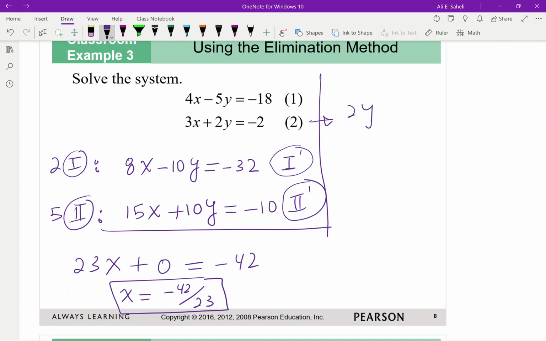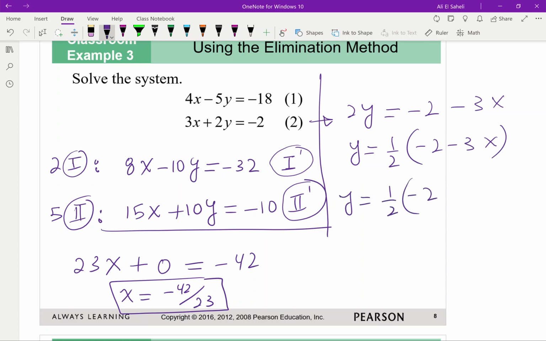Okay, 2y equals minus 2 minus 3x, or y equals half of minus 2 minus 3x. So y equals half of minus 2 minus 3 times x. x is this, so minus 42 over 23.